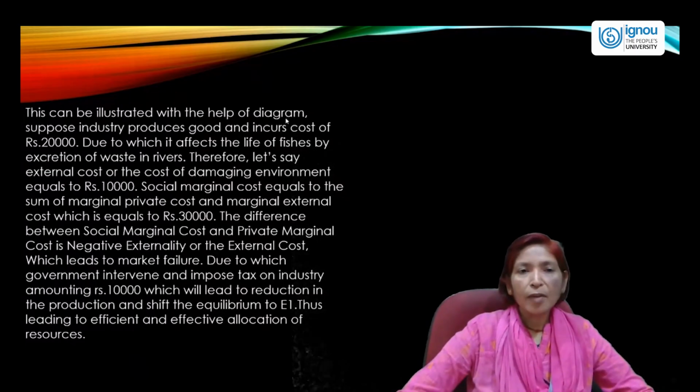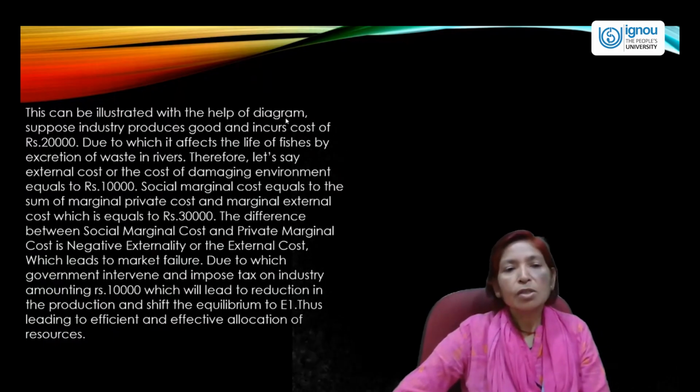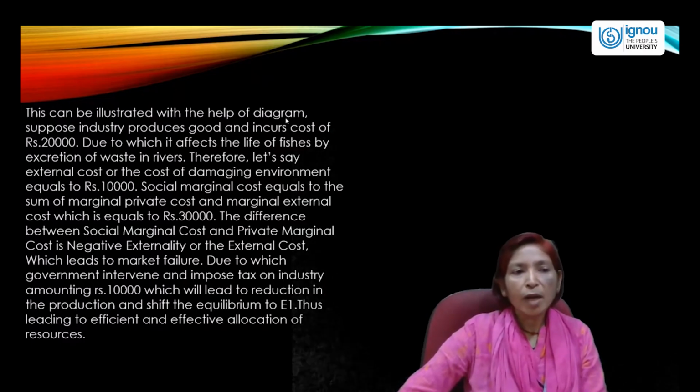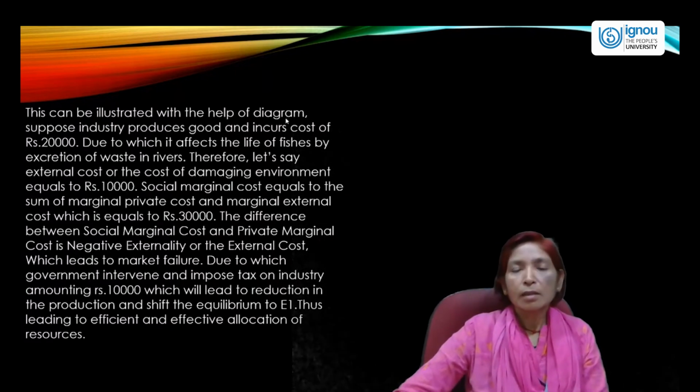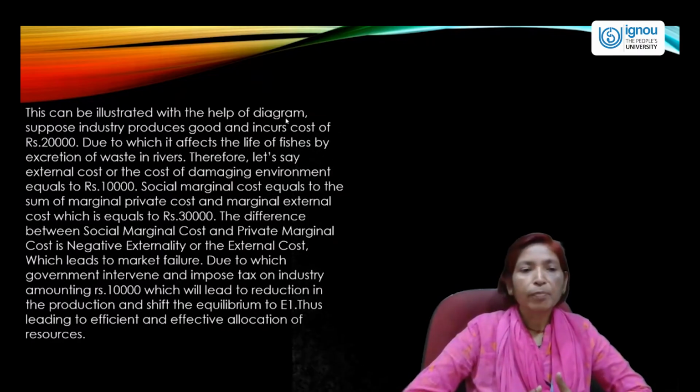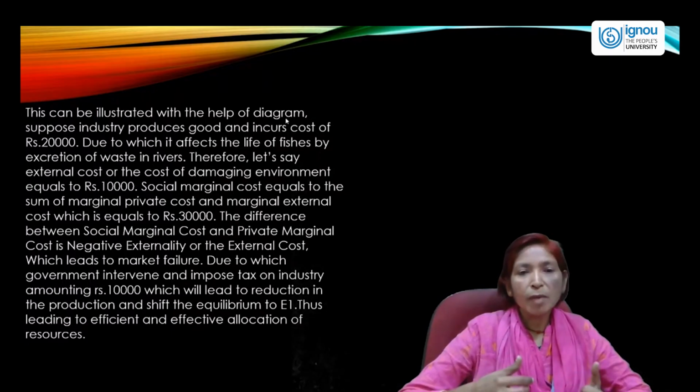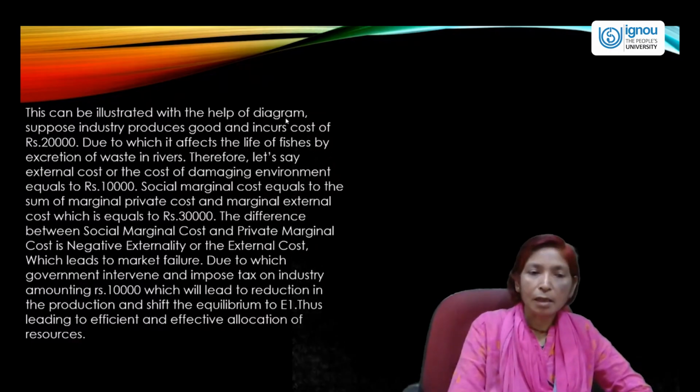It means if any firm is producing goods and polluting the environment at a cost of 20,000, and the external cost is 10,000, if we add private cost plus external cost, then we get social marginal cost, because social marginal cost is the summation of marginal private cost and marginal external cost.